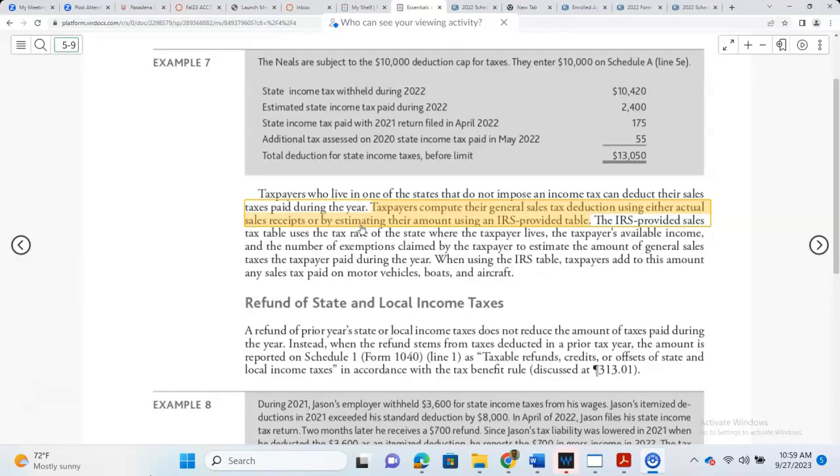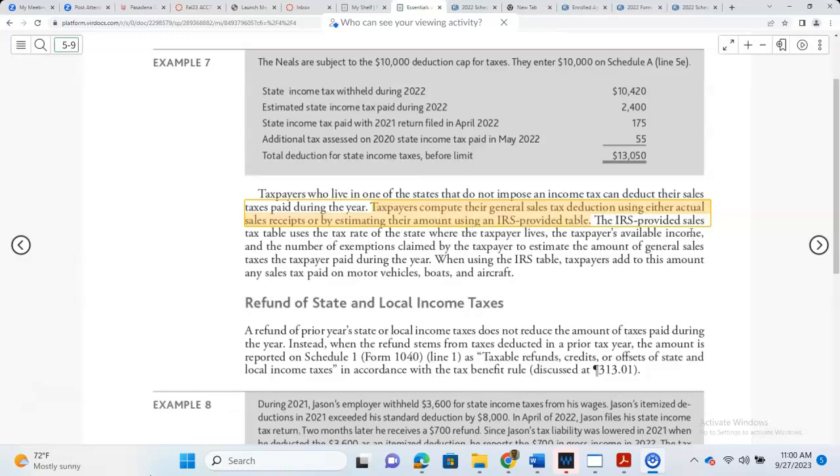But let's say you didn't buy a car, you just use the IRS provided table, which software will calculate, and it says a person with income in your limit, they put something in that box for you. So you have to choose either this or that, not both of them, okay?